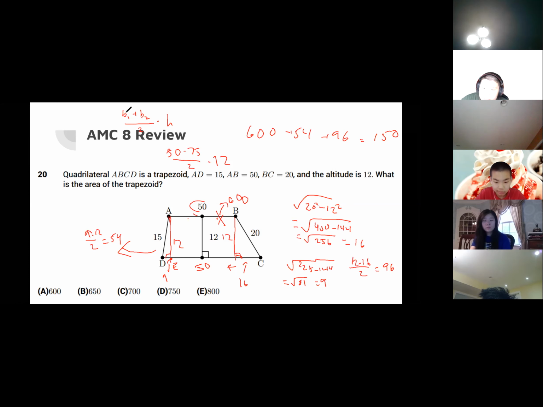You can actually split this up and see that it's basically just a shortcut for this. But anyway, you can do this, and the same way you can get the area of this.